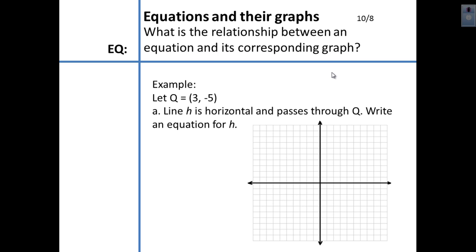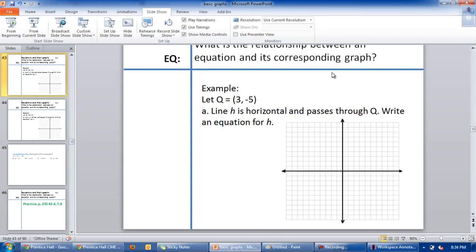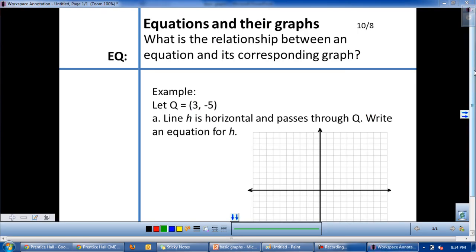All right, now we're going to do a couple of examples, writing equations with some special lines. So let's go through this one. It says let Q equal (3, -5). And let me open this working window for us.